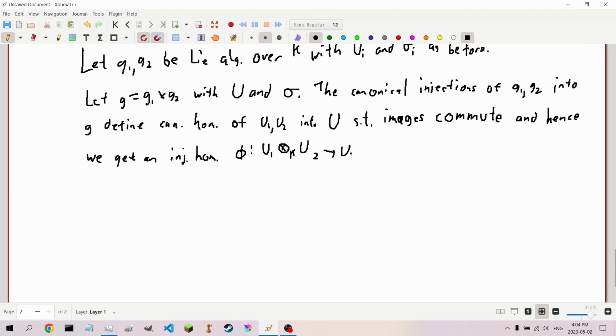Let's just finish off this section here. Proposition: this phi is an algebra isomorphism. So, proof.